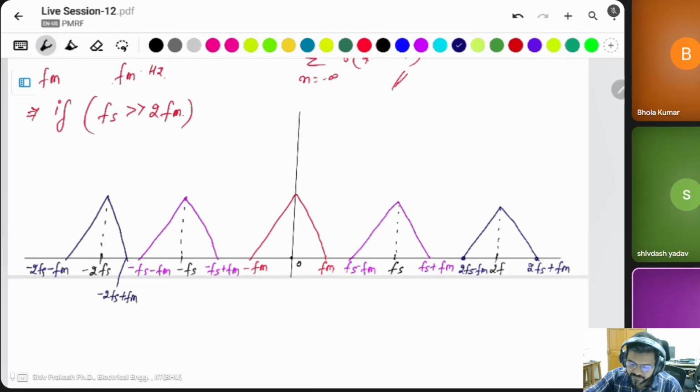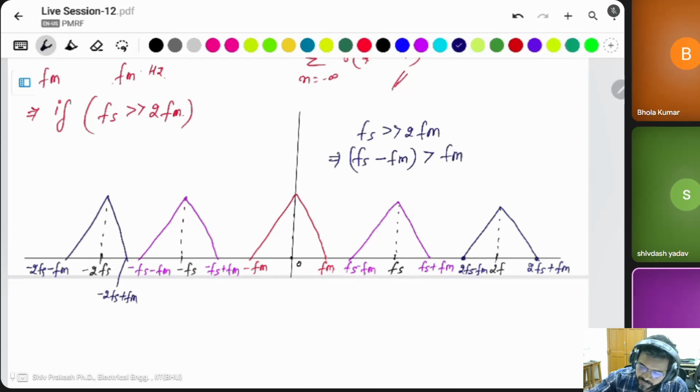Then what if Fs is greater than 2Fm? It means Fs minus Fm is greater than Fm. You can see here Fs minus Fm is greater than Fm.